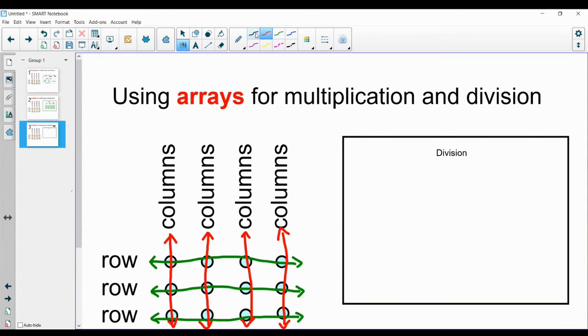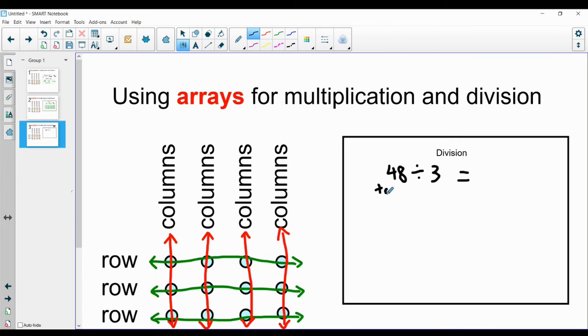All right, on to division. With division, let's say I'm doing a number such as 48 divided by 3, and I want to know what that is equal to. My first number in division is always my total number.